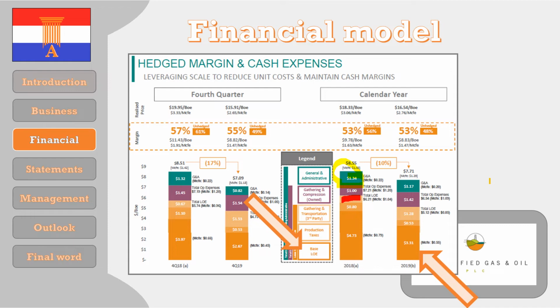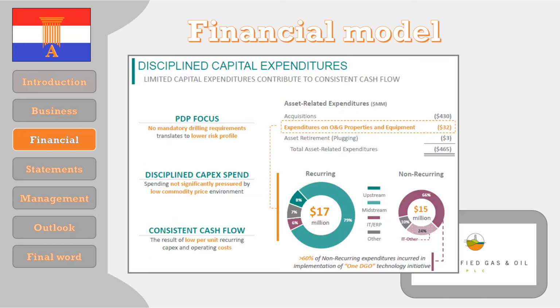So basically you see a 10% decline, but the operational decline has been far more, and only the gathering and transportation costs have increased a lot, and that is basically what is ruining the very efficient operational costs. So keep that in mind.